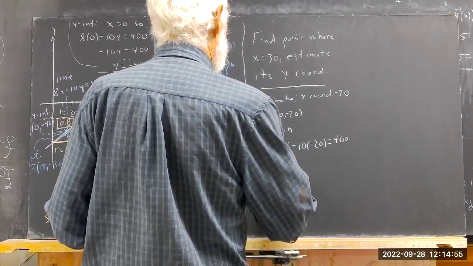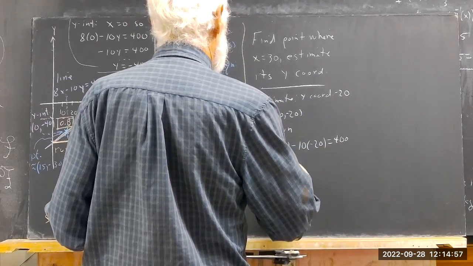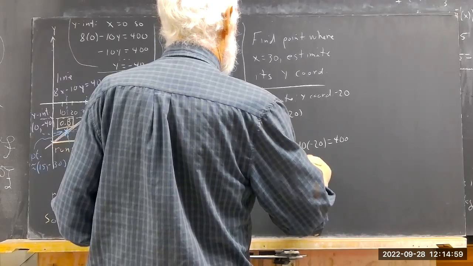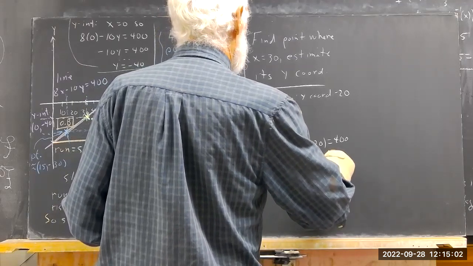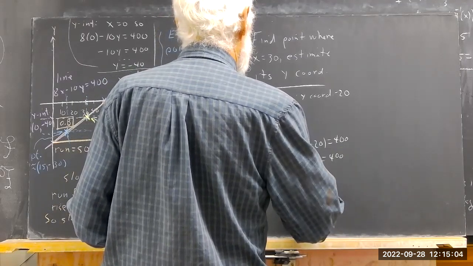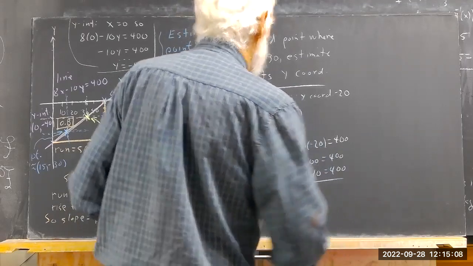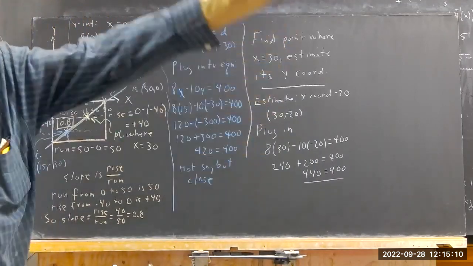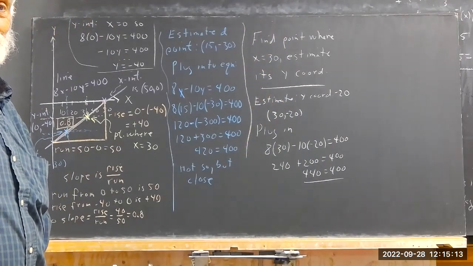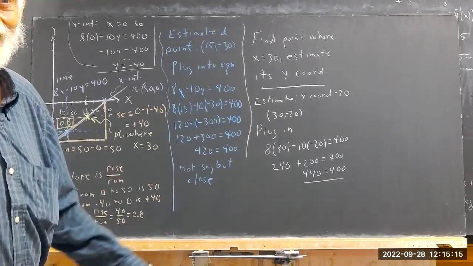Well, that's actually not going to come out all that close. That's going to be 240 plus 200, and 440 equals 400. That's not bad for an eyeball estimate from out there in the stadium.